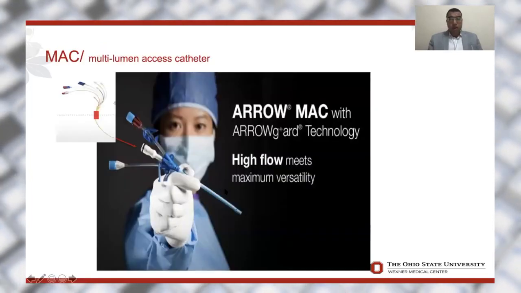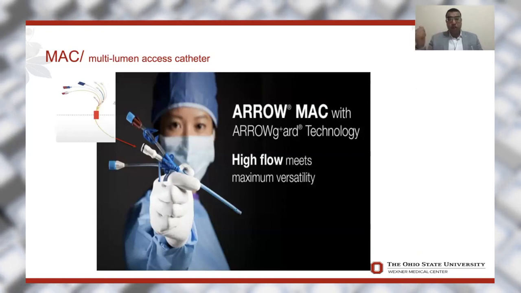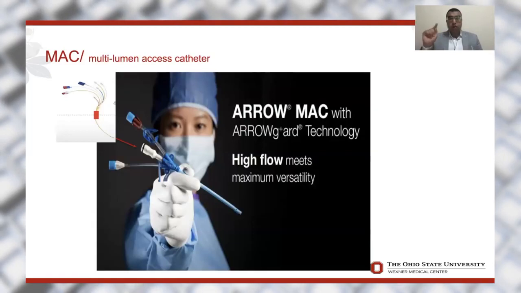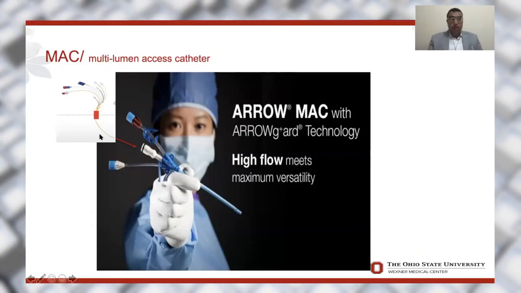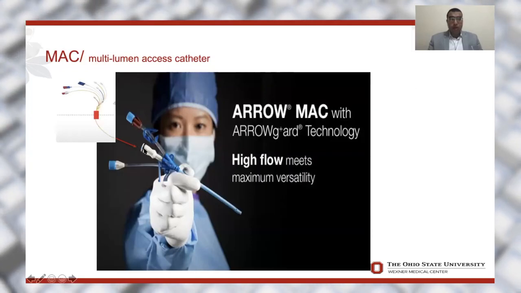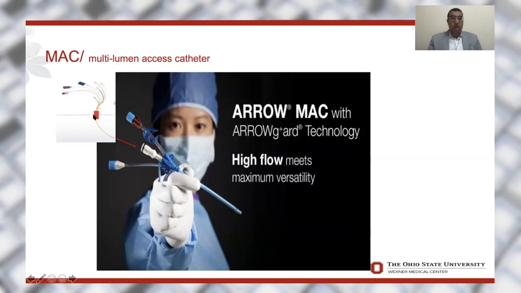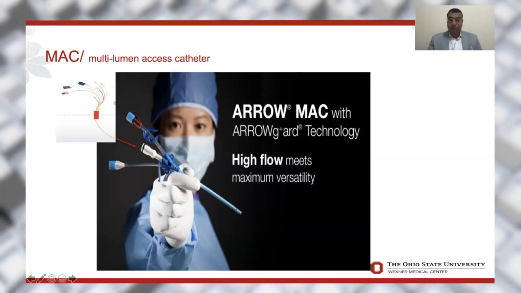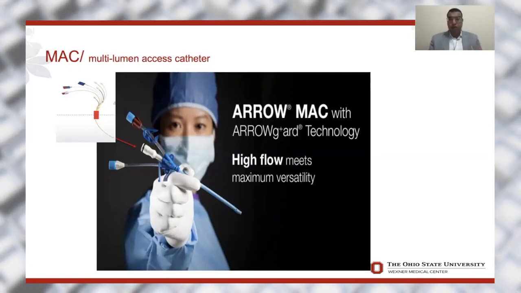Instead of doing two punctures, one for the central venous line and one for the pulmonary arterial catheter, you will do only one puncture, and you can insert the Swan-Ganz or pulmonary arterial catheter through this port. So you have two ports for the central venous line, and the Swan-Ganz goes through the middle port. It's only one puncture, one bullet, and you get all the targets.